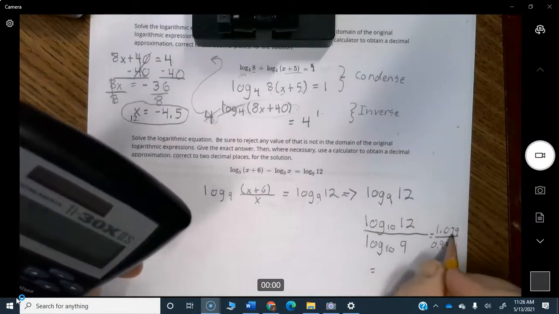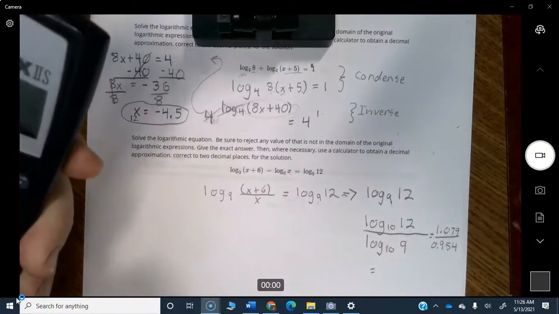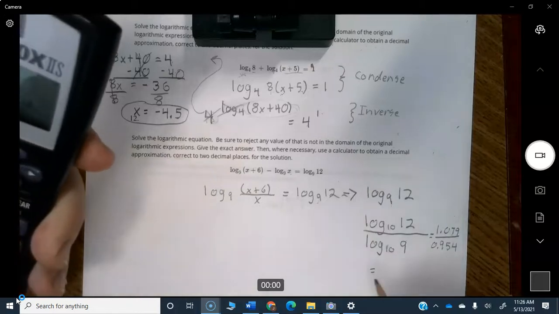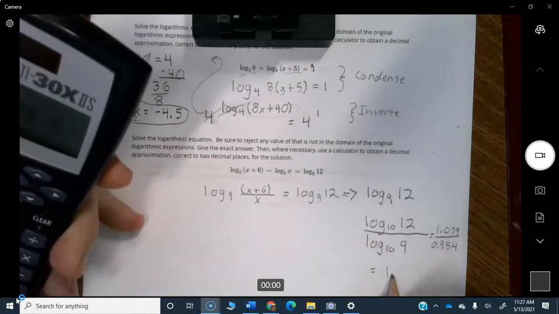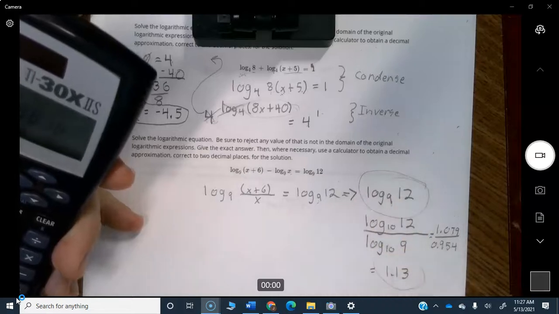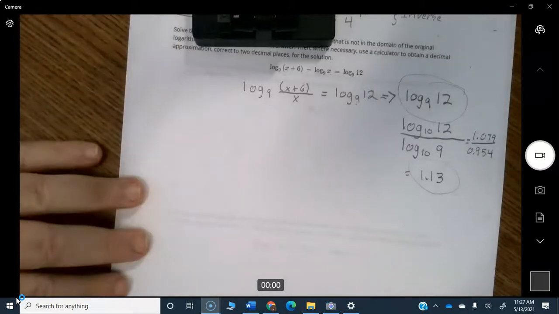And if I divide that by that, I get 1.13. So this equals 1.13.